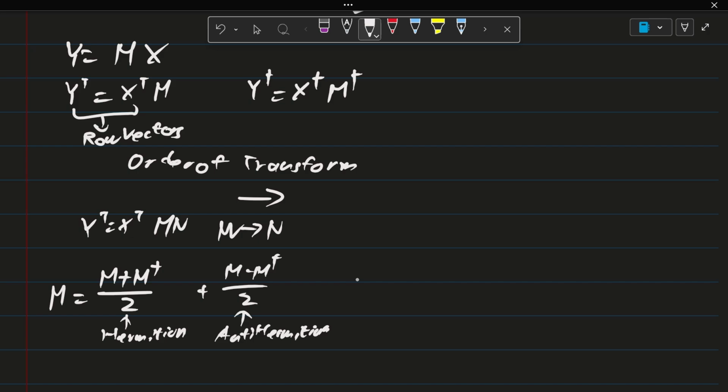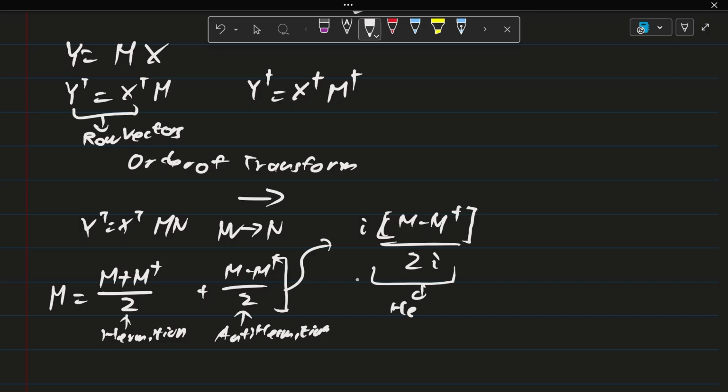And you could actually transform this into i times m minus m dagger over 2i. And it turns out that this thing here is Hermitian. So it's pretty useful information, especially when you're doing multiplication, that if you separate them out, you get a Hermitian as well as an anti-Hermitian.